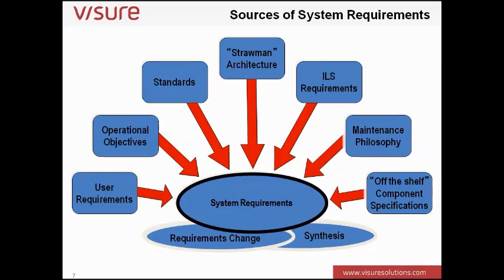Even strawman architectures, where you may be integrating with something that already exists, and therefore you've already got some idea of an outline architecture. Then there's the really difficult bit, the ILS, what I call the ilities, the maintainability, the reliability, those really the non-functional requirements.